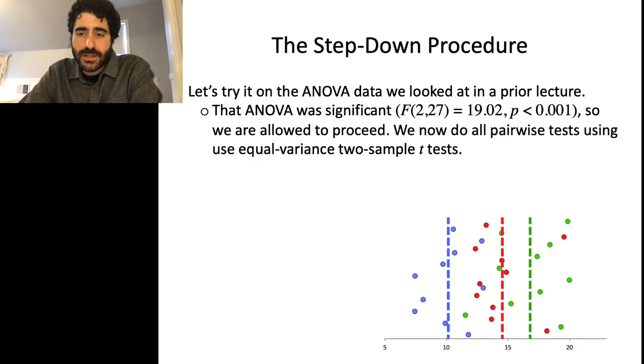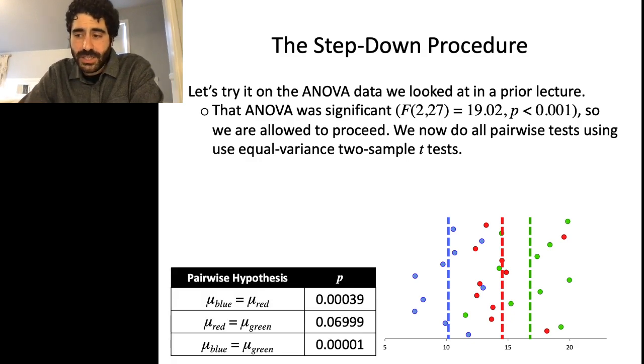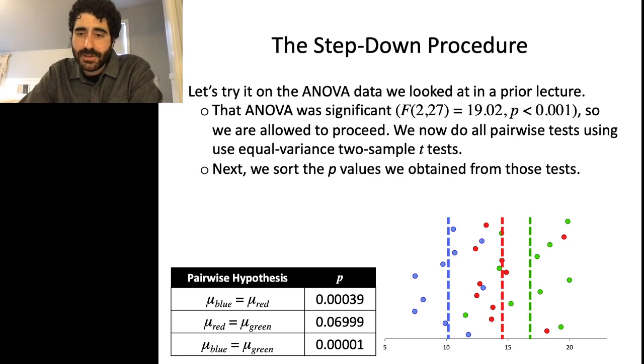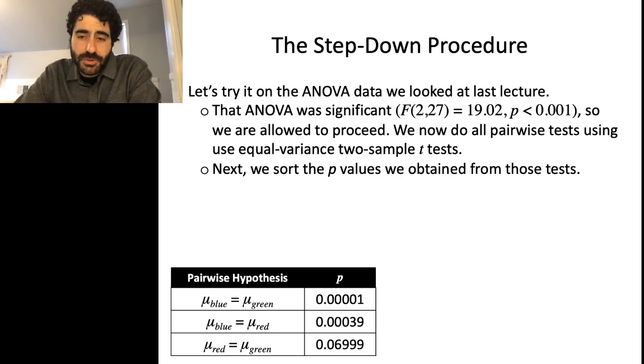So we run our t-tests between the groups, and there's 3 tests we're running, right? We're comparing every pair of the blue, red, and green groups, and we're getting a p-value for each of these outcomes. The next step in the procedure is sort the p-values. So, right, the smallest p-value is between blue and green, then between blue and red, then between red and green.